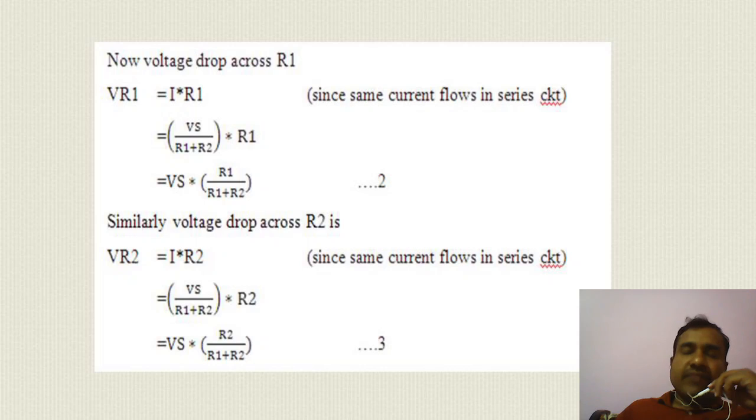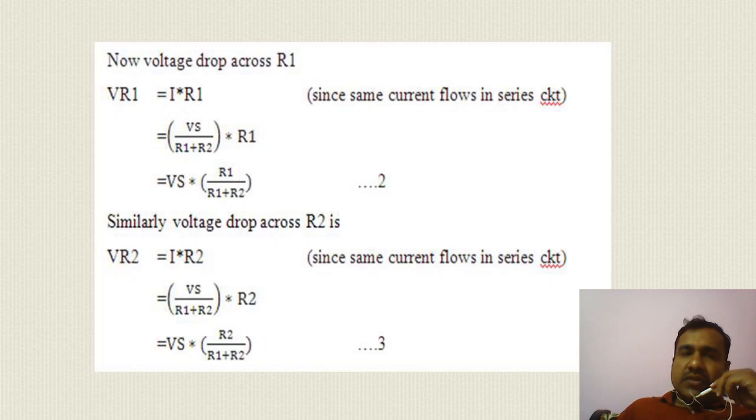Similarly, can you find out the voltage drop across R2 in the same manner? That is VR2 is equal to I into R2. What is I? It is Vs divided by R1 plus R2, into R2. Now I will write VR2 is equal to Vs into R2 divided by R1 plus R2, that is called equation number 3.